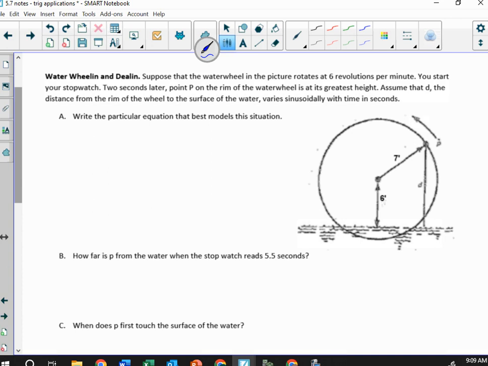Your radius is 7 feet. And the distance straight down to the water is only 6 feet because that last foot of the wheel was underwater. The water level is a height of 0, okay? I'll give you a minute here. Find the shift, period, amplitude, vertical shift, all that stuff, okay?